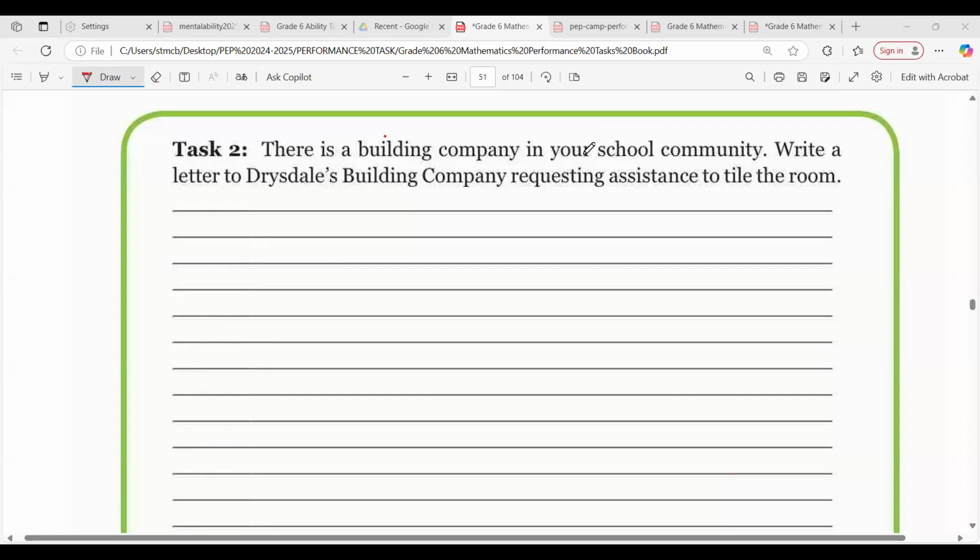So my letter is Dear Dried Sales Building Company. I have stumbled across your company and I strongly believe that you can help my class by assisting by getting some tabs for my class and recommending some. By looking at your company, I see how you can help me to decide and choose material for my class.